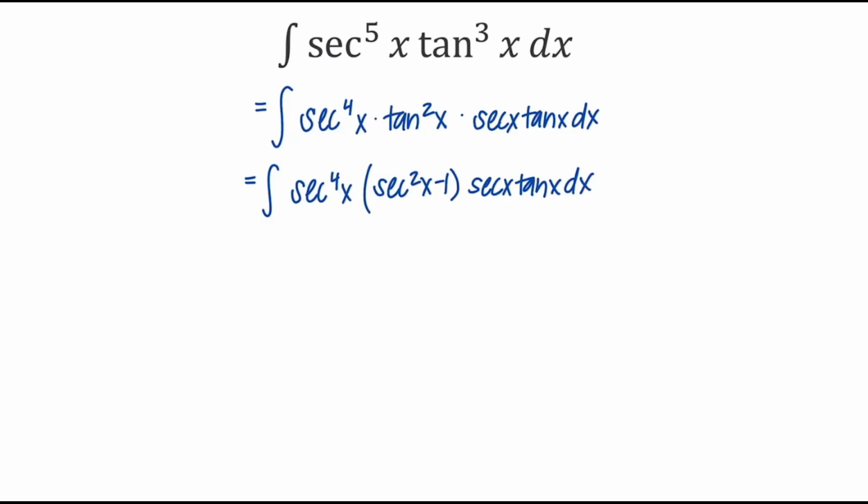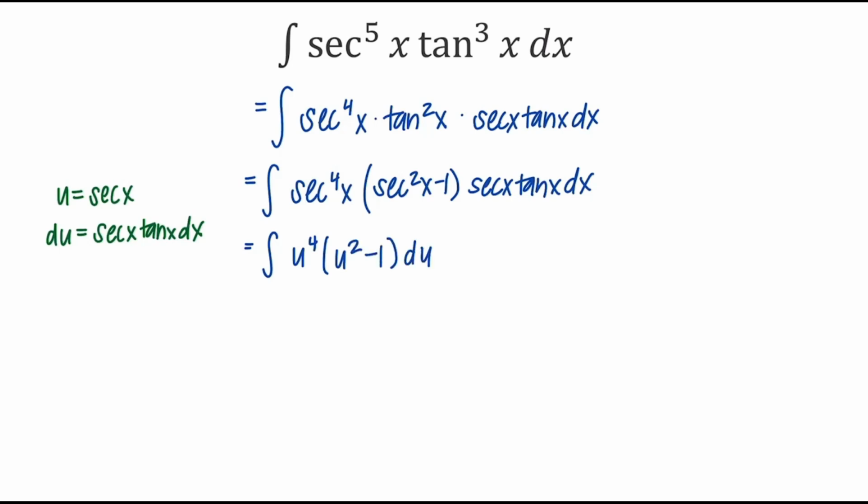All right, we are set up to do our u substitution. U is secant x, and du is secant x tangent x dx. So we have an integrand that becomes u to the 4th times the quantity u squared minus 1 du.